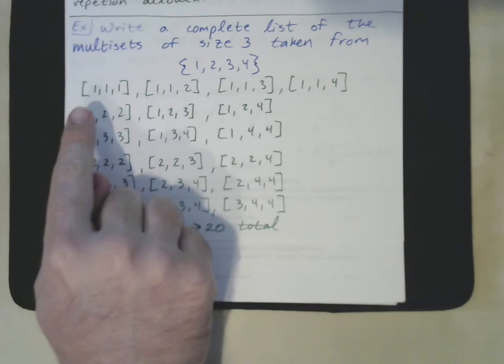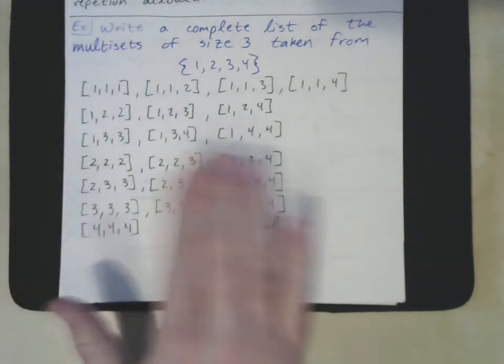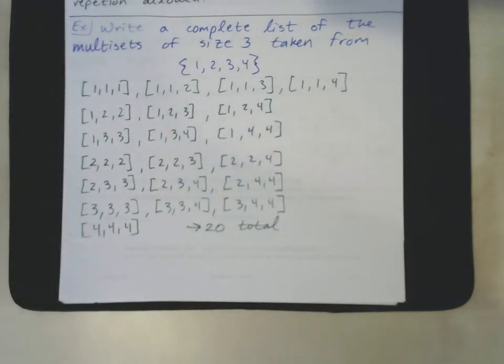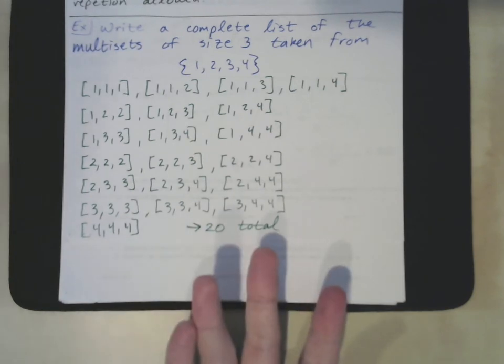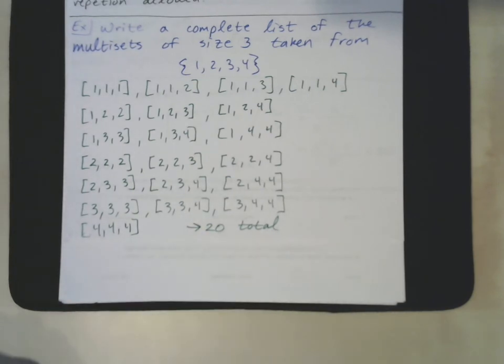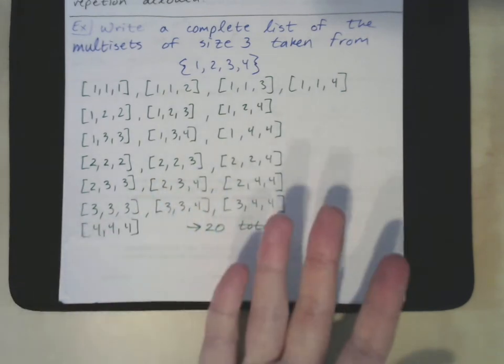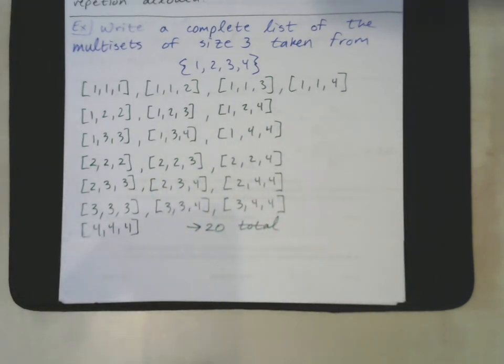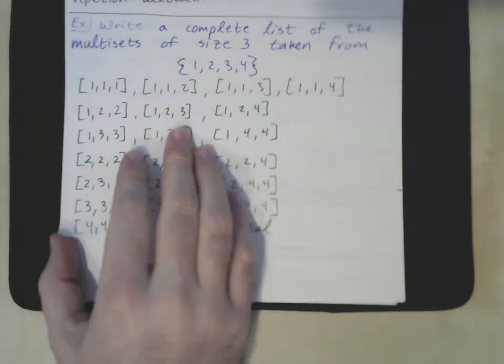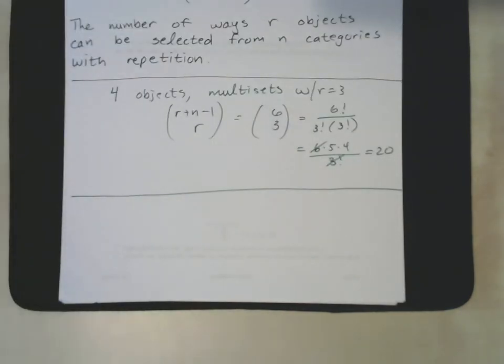I start with all the 1s, and I make sure I get every combination that has at least one 1 done, and then I move on to 2s, and then 3s, and then 4s, and so on, and you can obviously extend this to sets that have not numbers. But if you don't like this process, you can come up with your own. There's nothing wrong with that. You just have to come up with a system that works for you, that allows you to get everything, and then you can always check your work by knowing exactly how many multisets you should have come up with.